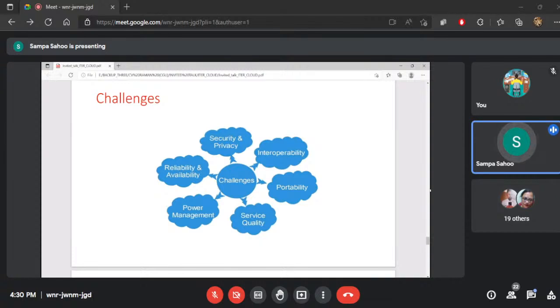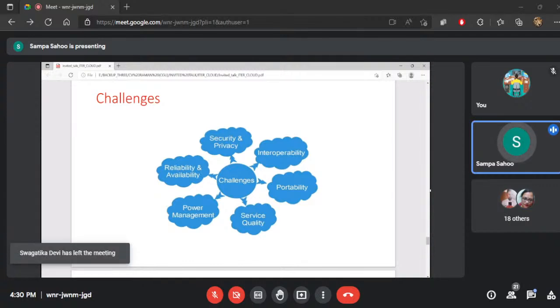That is another challenge. Then service quality should be high. Then portability, as I said, cloud means you can access the service anytime, anywhere, on any device. So how to make the service portable? That is also a challenge. Interoperability comes when there are multiple clouds.